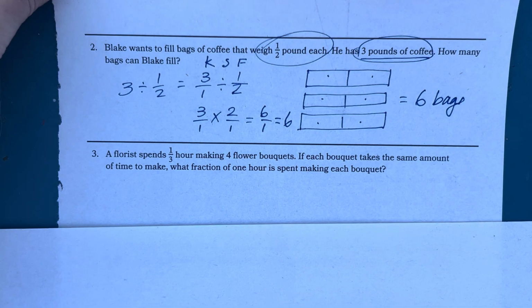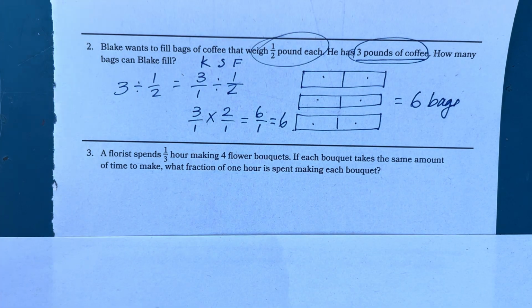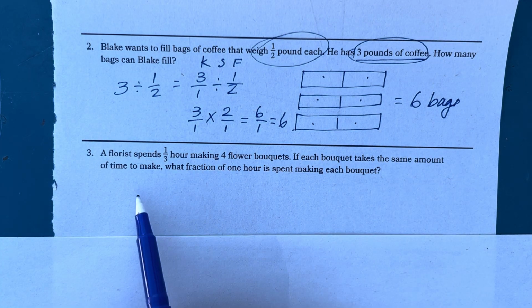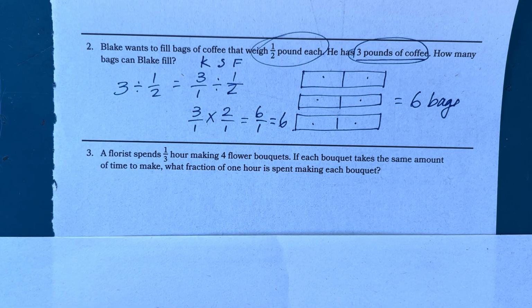A florist spends 1/3 an hour making 4 flower bouquets. If each bouquet takes the same amount of time to make, what fraction of 1 hour is spent making each bouquet? So this is like, I have to think about this for a minute, right?